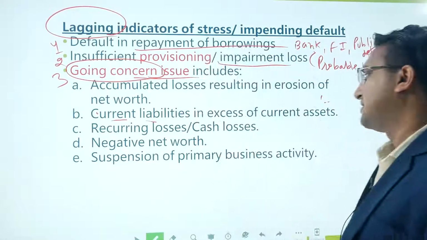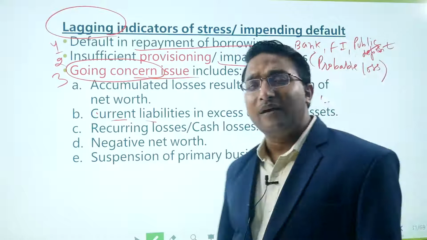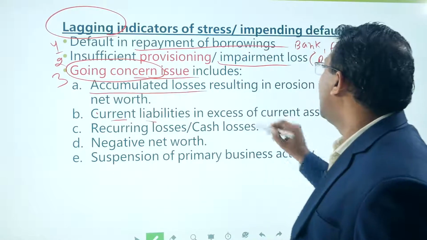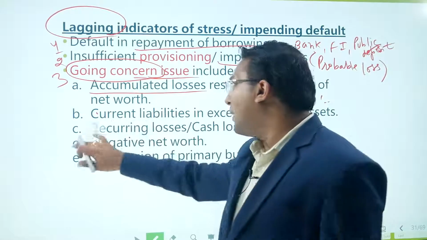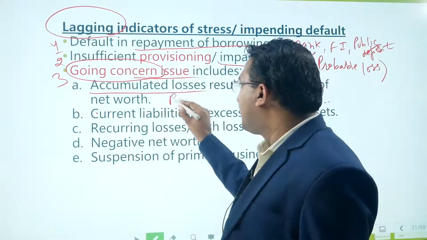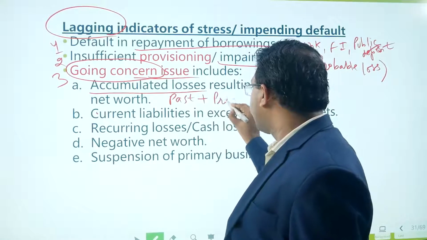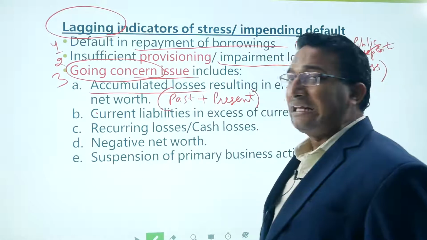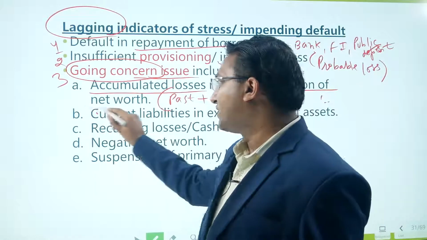So what are the cases in which the going concern assumption can become invalid? First, accumulated losses resulting in erosion of net worth. So the losses are huge, and accumulated losses means the past losses plus the present losses. The combination of both losses is increasing, and that is eroding the net worth.